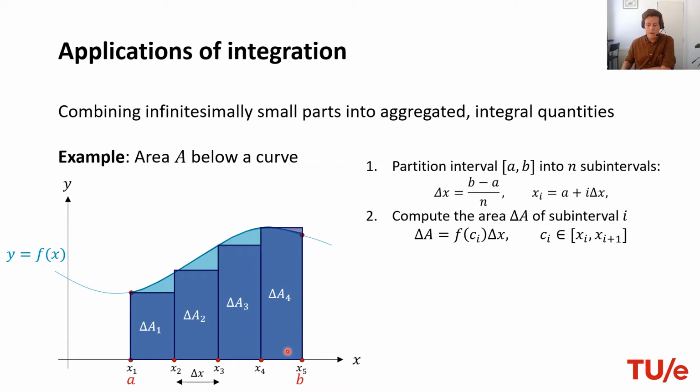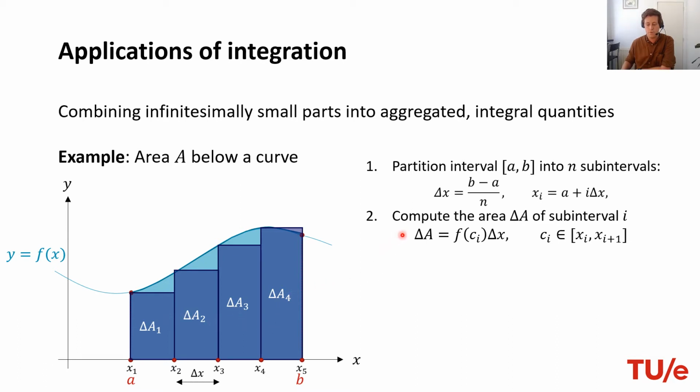The area of such a rectangle is easy to compute because this is a rectangle. The area is base times height, or width times height. The height here is associated with the function evaluated somewhere between x1 and x2. And here we just take the function evaluated at x1. And the width is delta x. And we can do this simply for each of these rectangles over here.